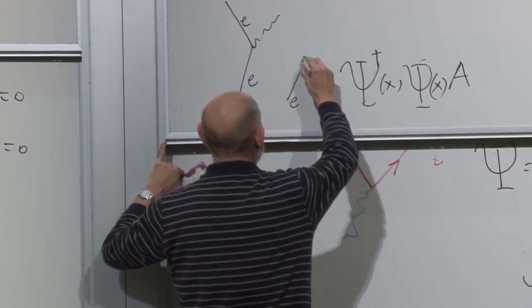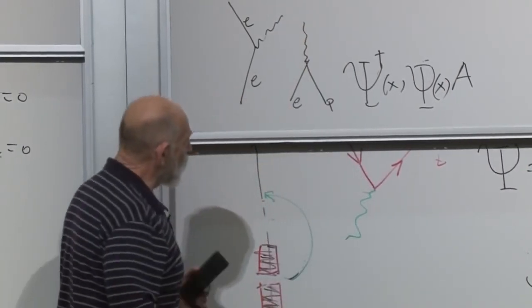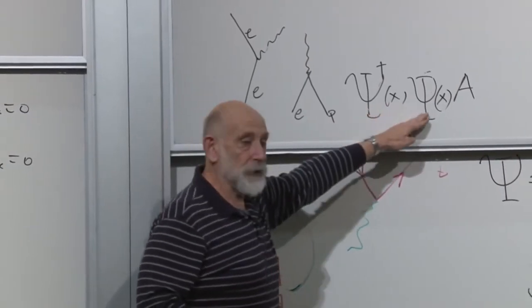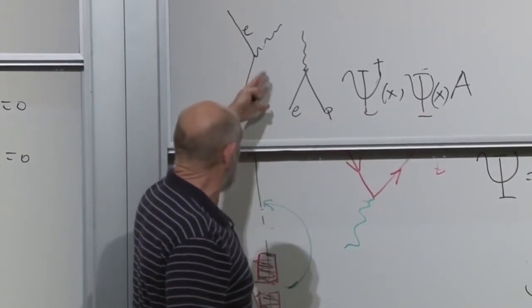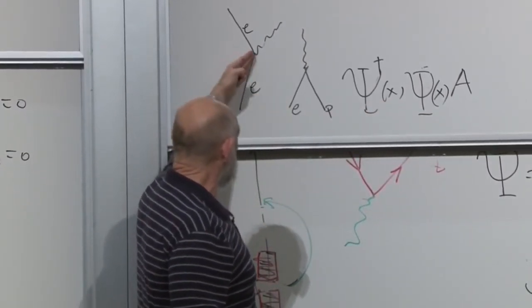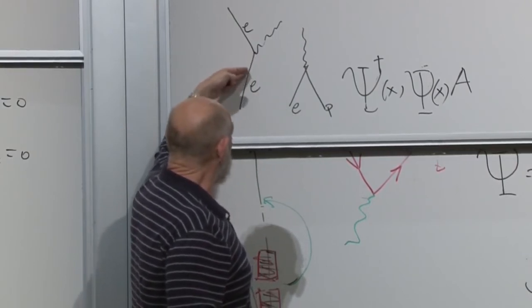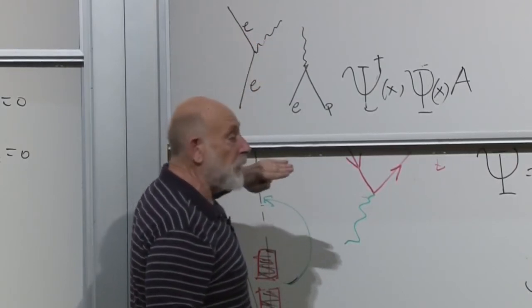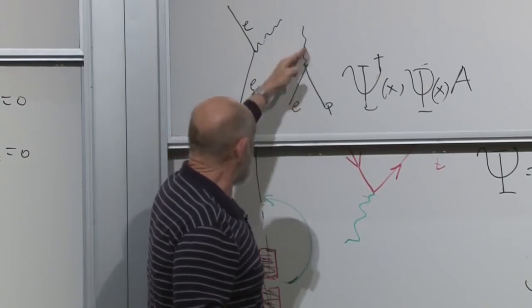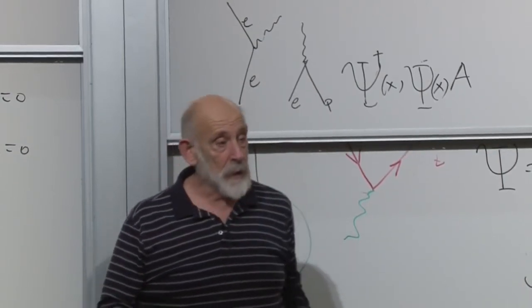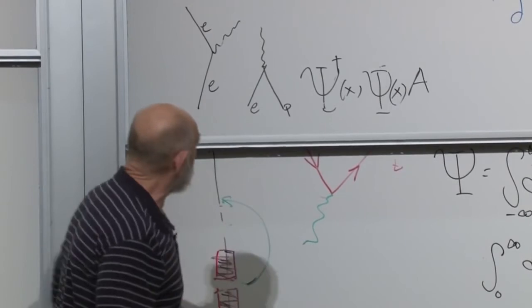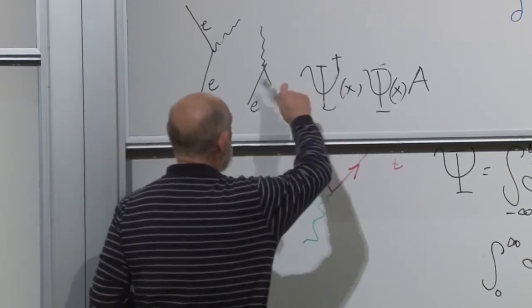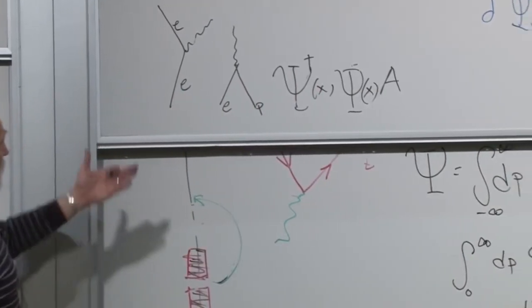Electron, positron, photon. If you look around for all the creation and annihilation operators in here, you find that the same operator which took an electron to an electron and a photon also takes an electron and a positron and makes a photon. So one simple complex of field operators describes many, many processes. There's even another one.